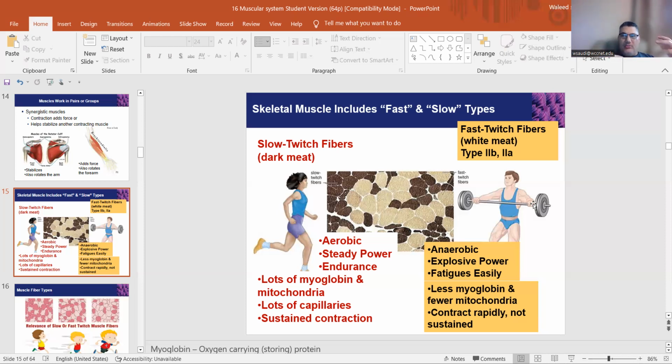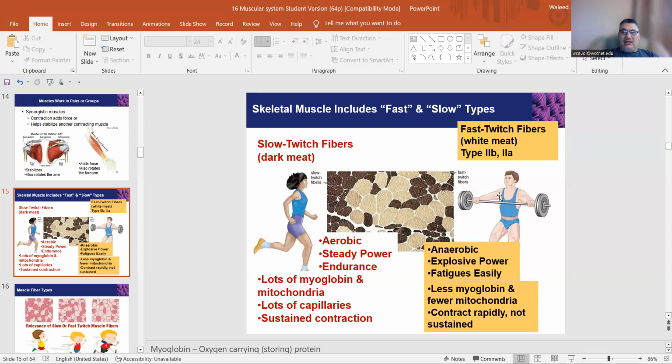So this part is aerobic. So this is anaerobic basically. It gives you fast, strong power, fast to contract, strong power, but fast to fatigue, not endurance, not sustained.